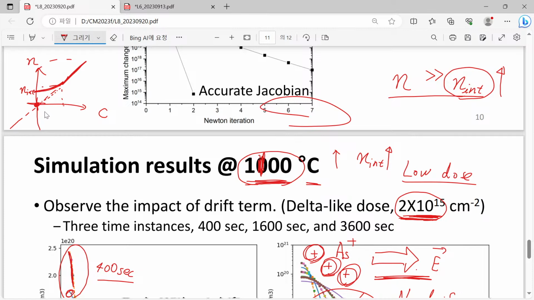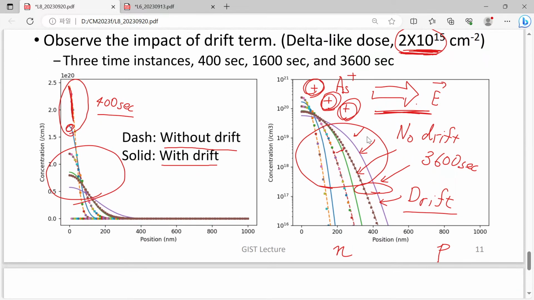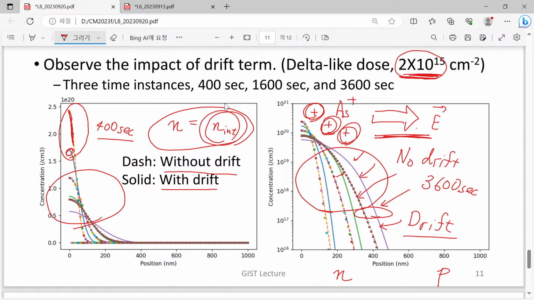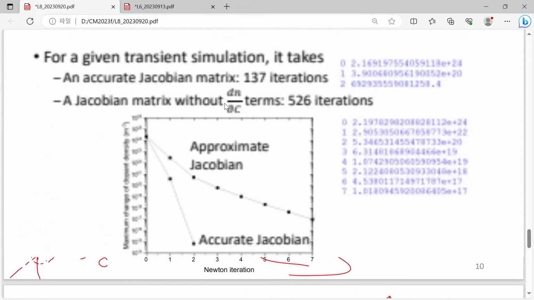So let's think about when we are in here, then C and N are not perfectly matched, and the electron density does not depend on the C value, but N becomes just n intrinsic if we have sufficiently high intrinsic carrier value.